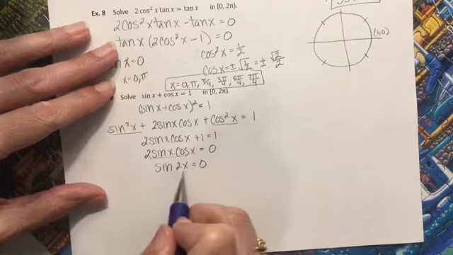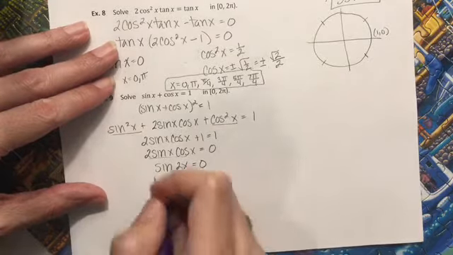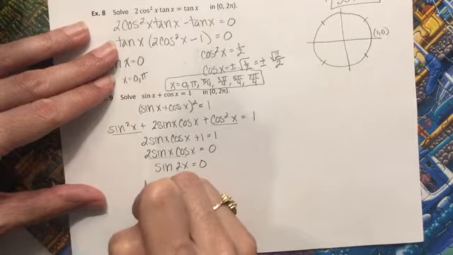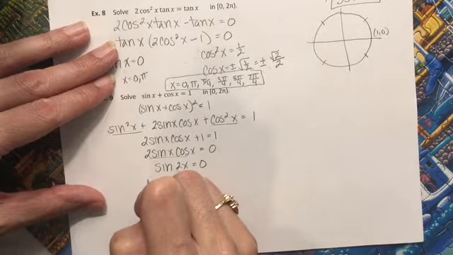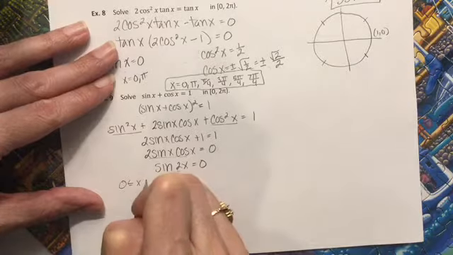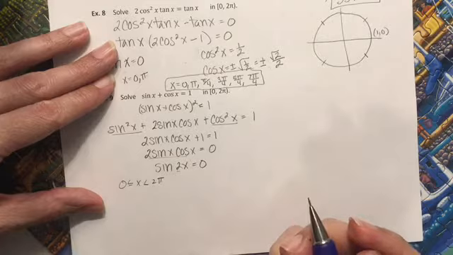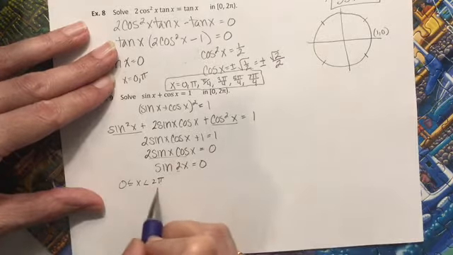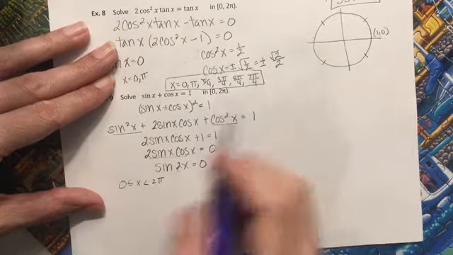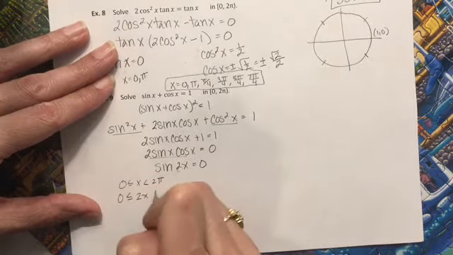Now, remember what we said. Because it's a double angle, that means x is between... we're looking for solutions that are here, because that's what they told us up here. But because we have a double angle, it's going to look like this.